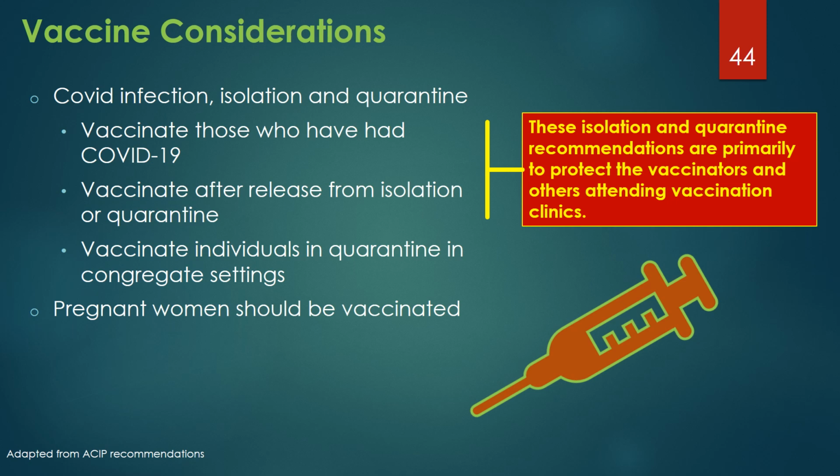An exception to the quarantine recommendation would be individuals living in a congregate setting like long-term care, homeless shelters, corrections, etc. These individuals should be vaccinated even when they are in quarantine. The isolation and quarantine recommendations are primarily to protect the vaccinators and others attending vaccination clinics.